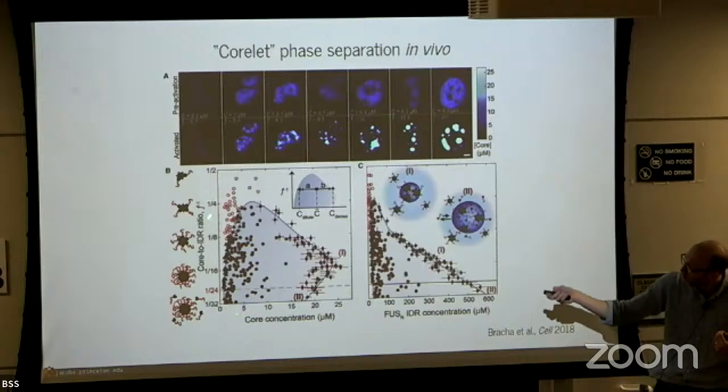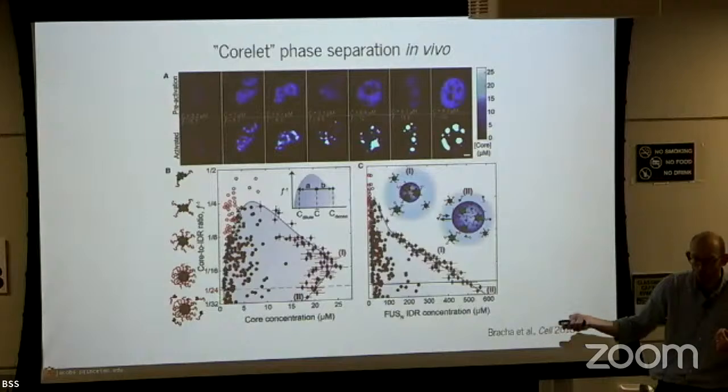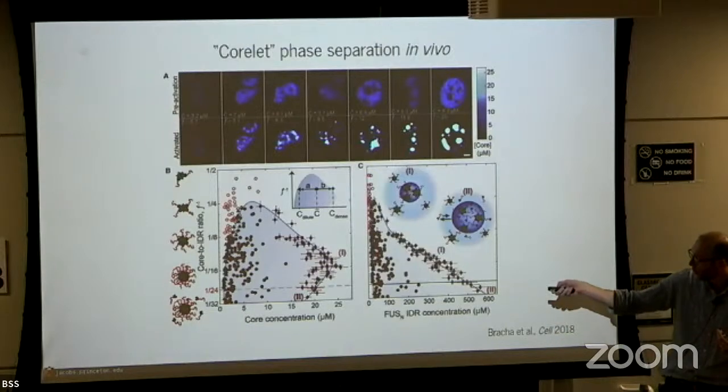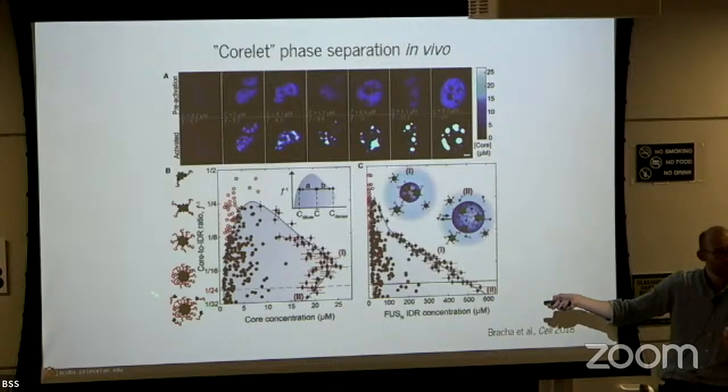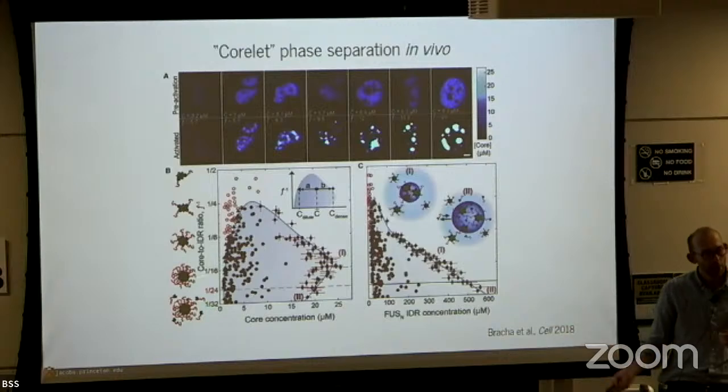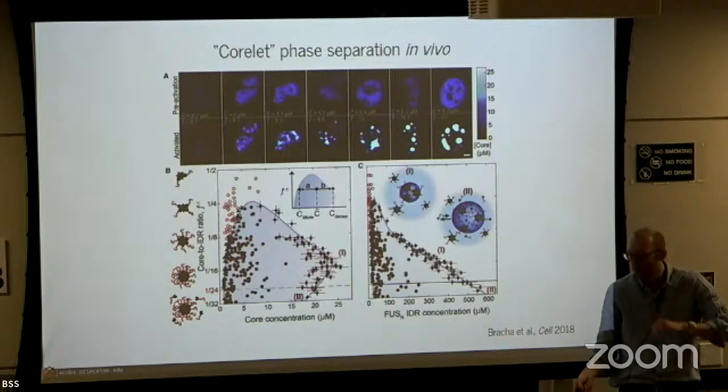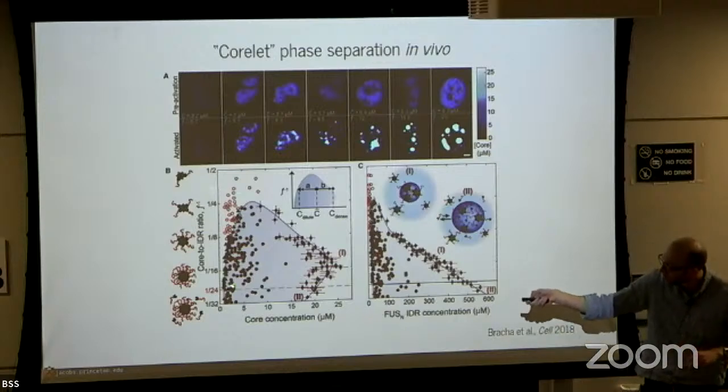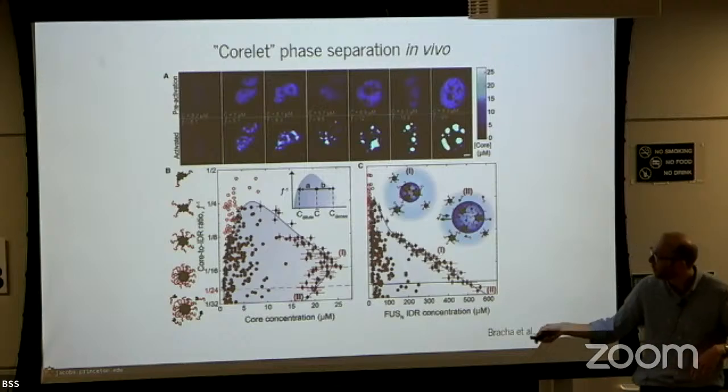So as we move down, we're going into this more phase separating regime. We had this effective chi parameter that went like F squared delta. So as we move down here, we're going to higher F squared delta. We're going farther into this phase separating regime.